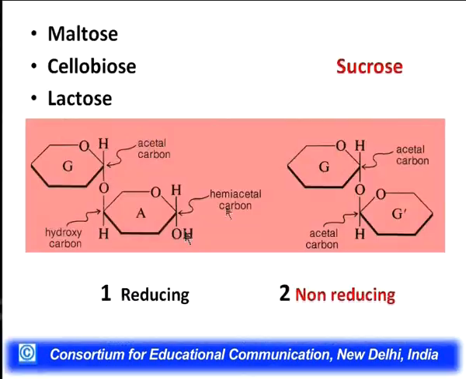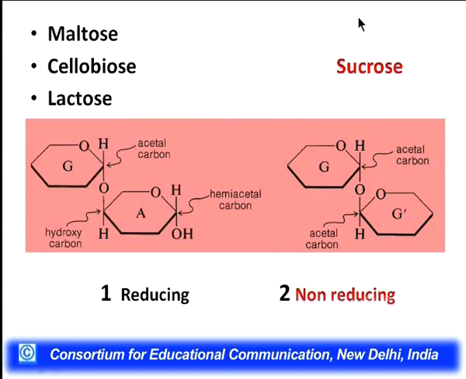As I discussed in the beginning, if an anomeric carbon is free, like in maltose, cellobiose and lactose, these sugars are reducing sugars. They will give a positive Tollens test, a positive Fehling's test, form osazone, and also show mutarotation.